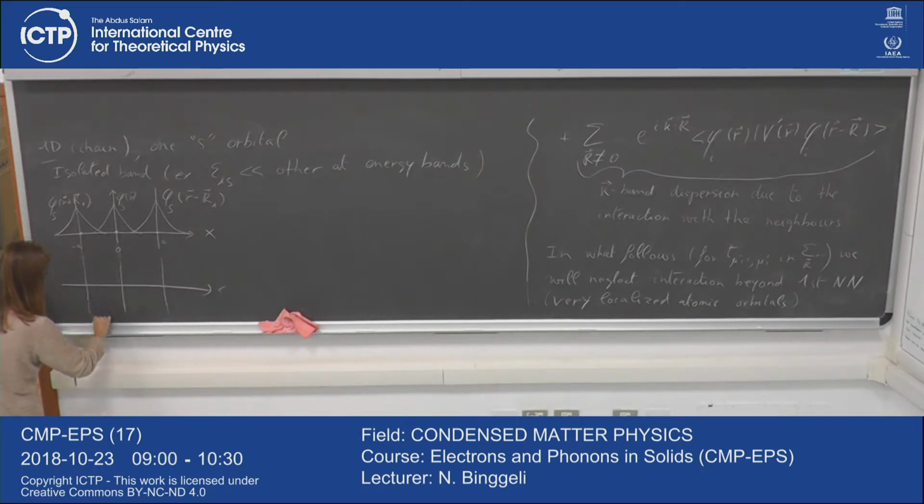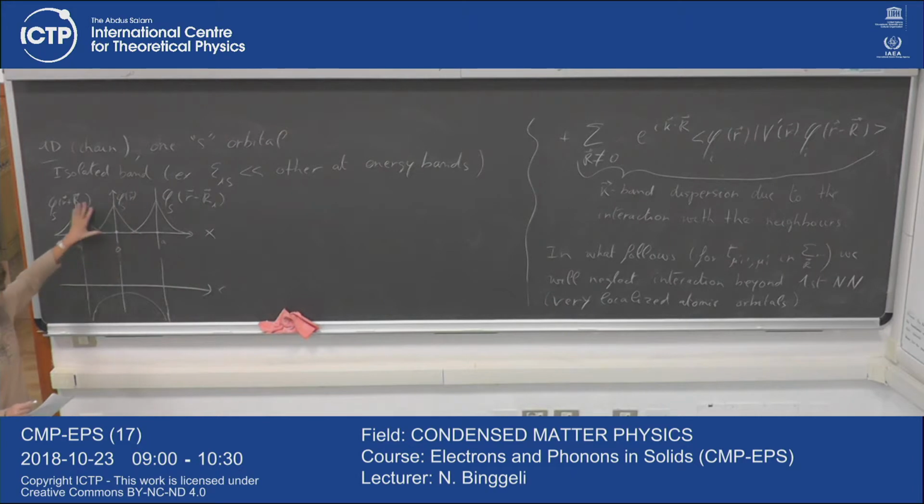So I can imagine a potential that is attractive, Coulomb type, centered on this site. Nothing for the potential here because it's removed in the crystal field, and another atomic potential that is coming from this atom here.